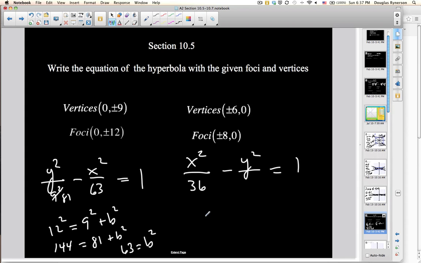And I know that 8 squared, 64, is equal to 6 squared plus b squared. So b squared will be equal to 28. And I put 28 there. Okay, pretty simple when you're centered at 0, 0.